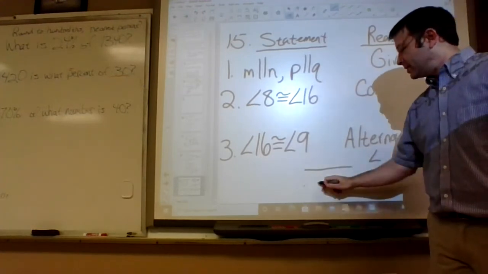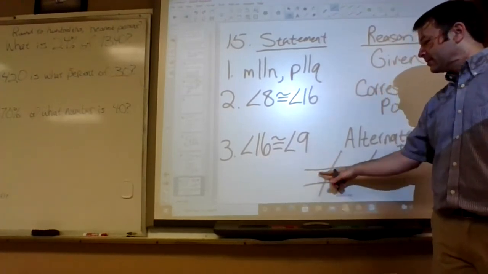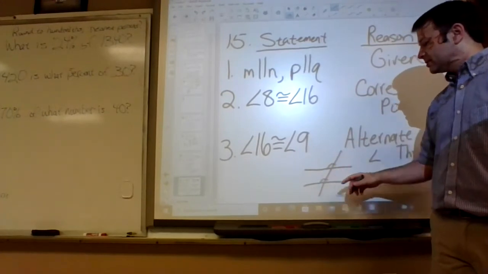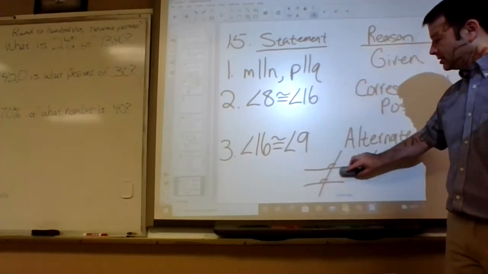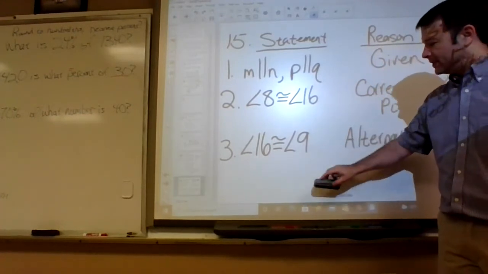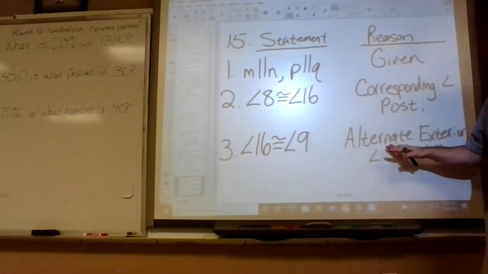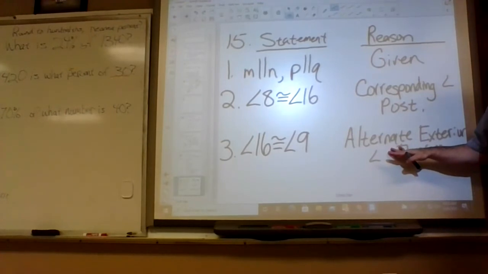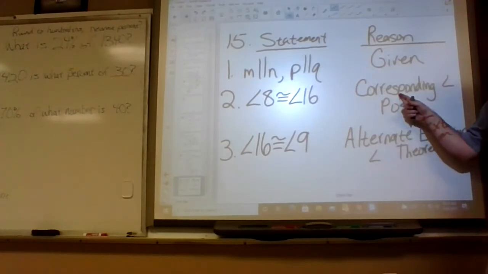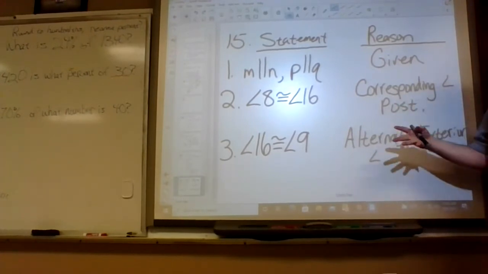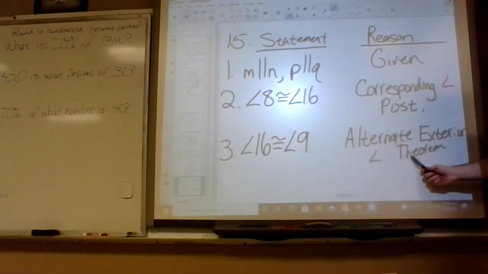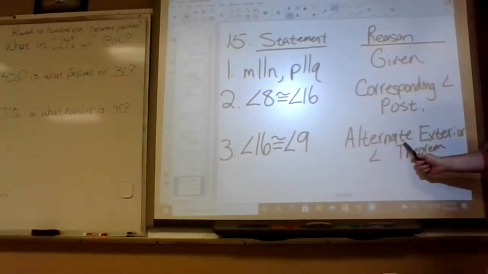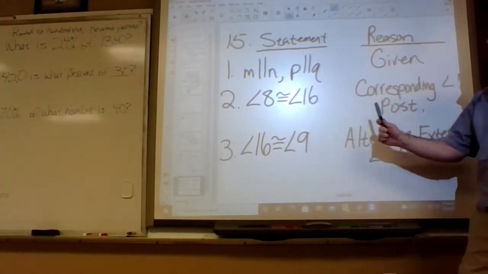Because if the lines are hitting another line at the same angle, they're going to create the same angles. Anyways, alternate exterior angles are congruent. We can prove this theorem using this postulate and using vertical angles and linear pairs, stuff that we already know. Anyways, got off track there.